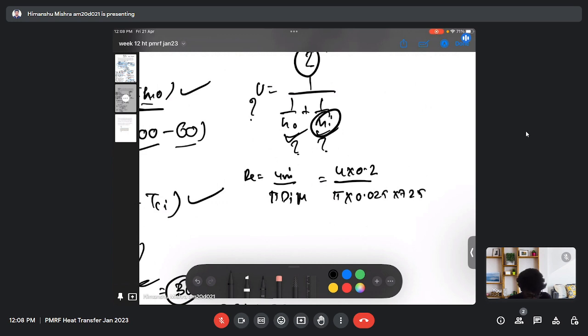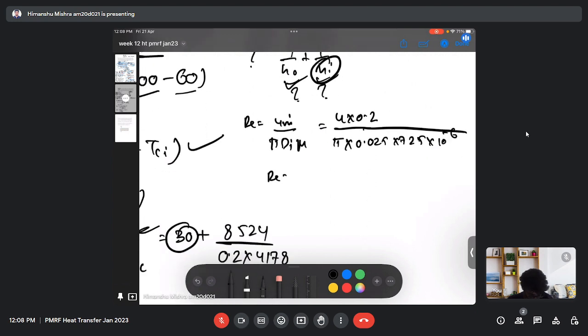And this is my viscosity of water. So my Reynolds number is 14,050, which means my flow is turbulent.